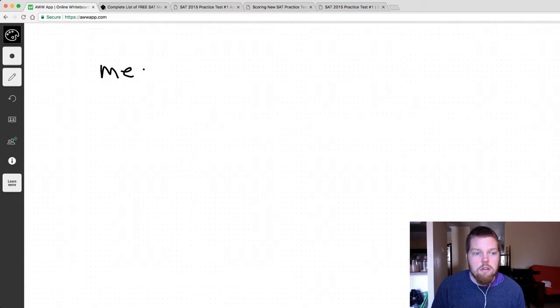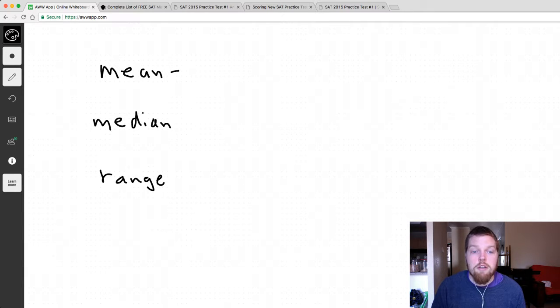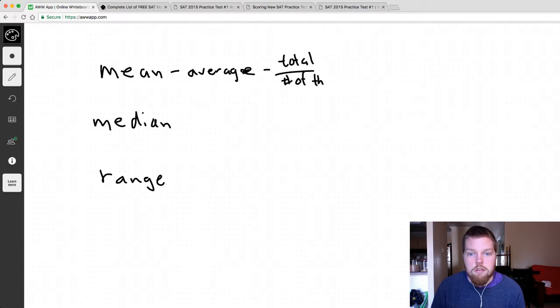Mean, median, and range. So we need to be able to define these things so we know how to find them. The mean is the average, or the total over the number of things.